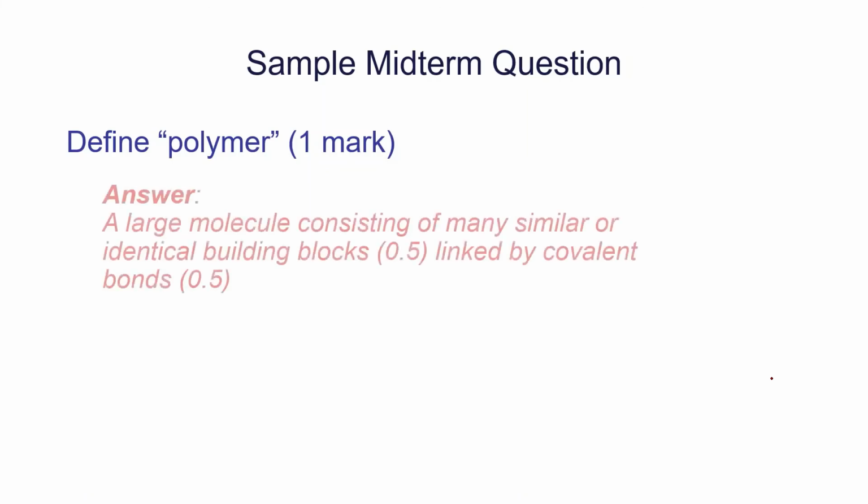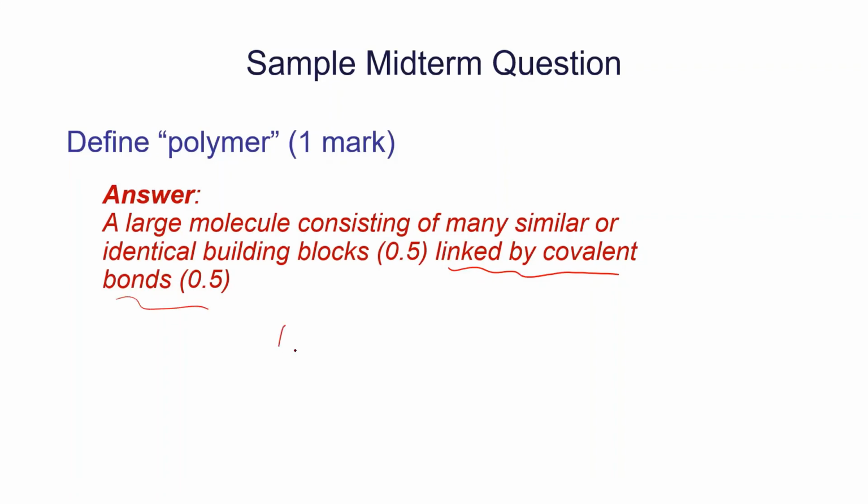So polymer, we just talked about what a polymer is. Here's an answer of what a polymer is, and you can see I've broken it down into 2 half marks. You better say something about a molecule, so that's maybe a quarter of the full 1 mark. It has many similar or identical building blocks linked together by covalent bonds. That may not necessarily be the only definition I will accept. It's always a good idea to give me examples. Maybe you gave me an example and said a polypeptide, that's a protein.